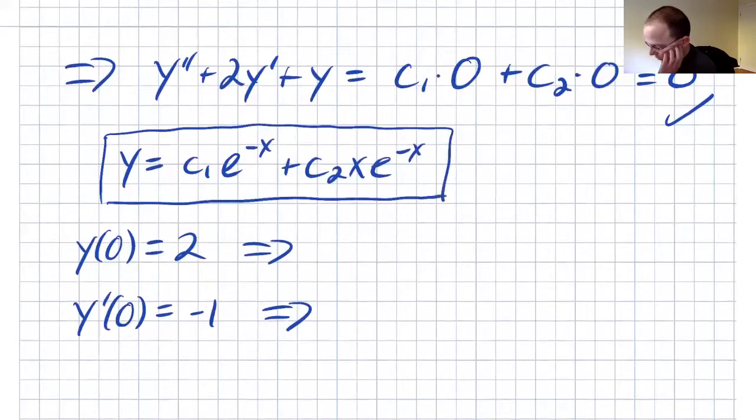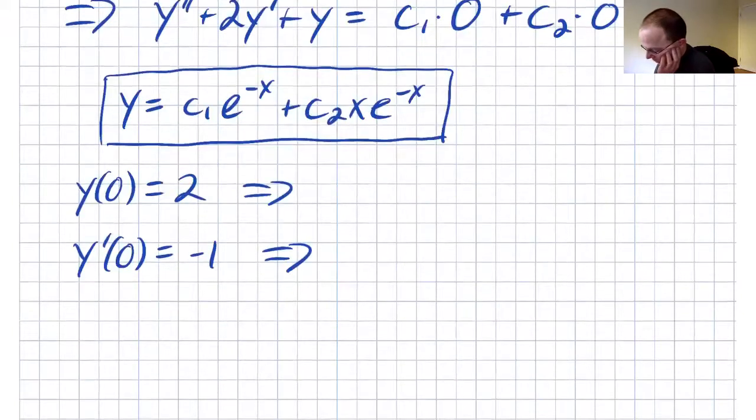In fact, it's a general solution for this differential equation. Okay, so we substitute 0 in there. So we get c1 e^0, which is 1, plus c2 times 0 times e^0. So that's 1, and that will be equal to 2.